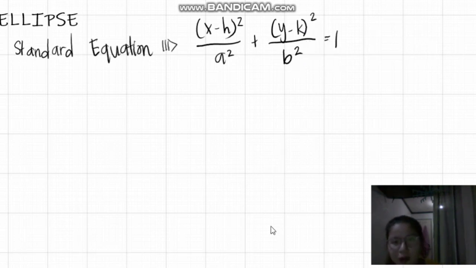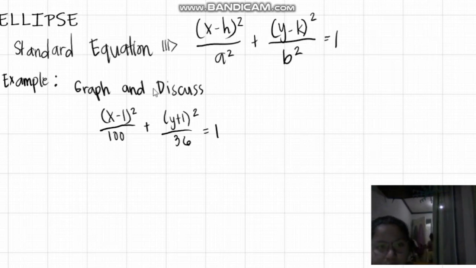So, mamaya, identify natin yung mga parts na yan para mag-graph. Kapag nag-graph tayo ng equation ng ellipse, dapat naka-standard equation siya. Kapag ang given ay general form, gagawin nyo siyang standard form, which is nagawan ko na rin ng video yon kung paano gawing standard si general form of an ellipse. Okay, so, ngayon, again, si A, yung lagi nating major axis, tapos yung B, yung lagi natin magiging minor axis. Mamaya para hindi malito.